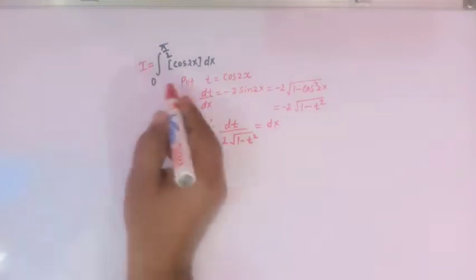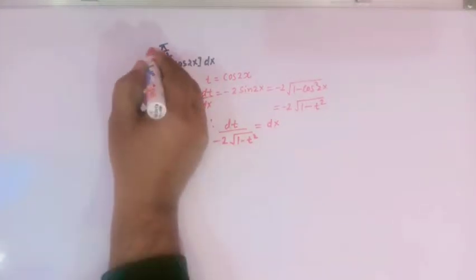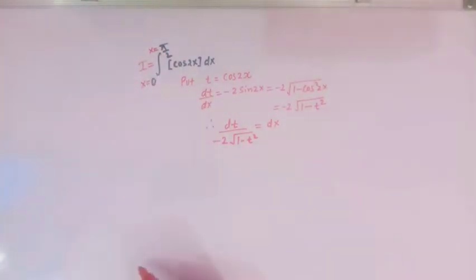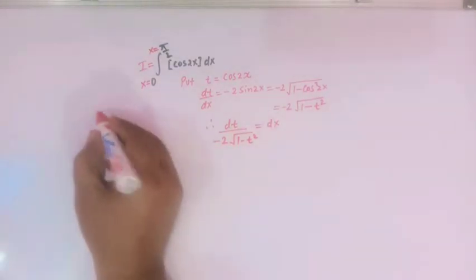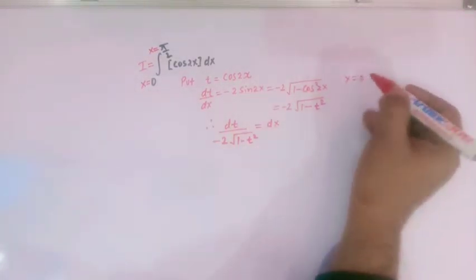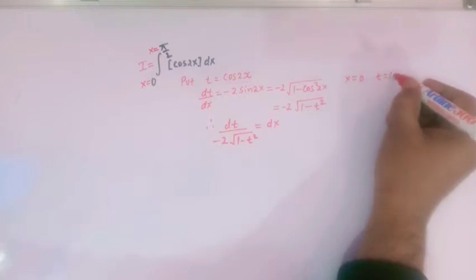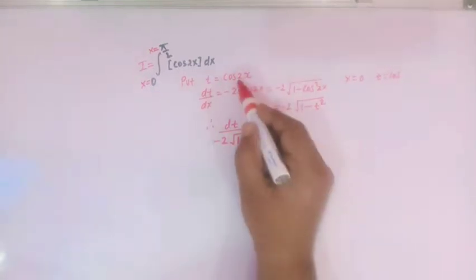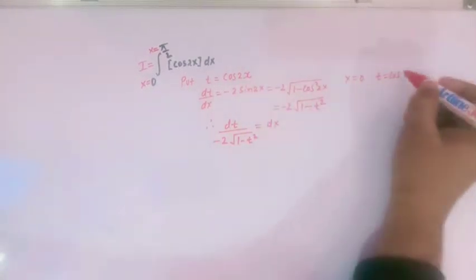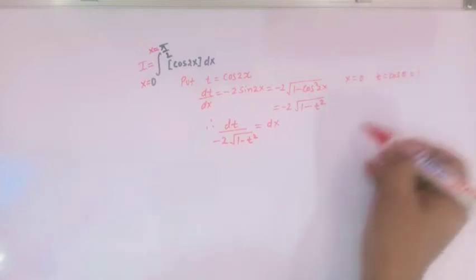Here x varies from x equal to 0 to x equal to pi by 2. When x is equal to 0, t is cos 2x, so we have cos 0, which is 1.